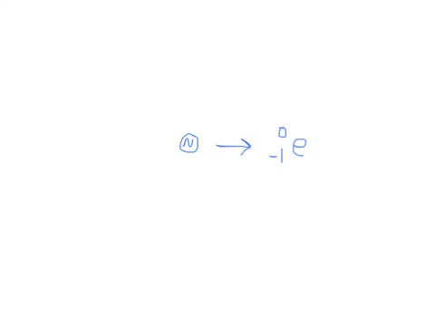So if I take this away, basically a neutron has a mass of 1 and an electric charge of 0. If I take away 0 from 1, I still get 1. And if I take -1 away from 0, 0 minus -1 is +1.